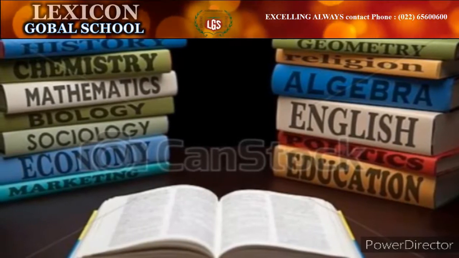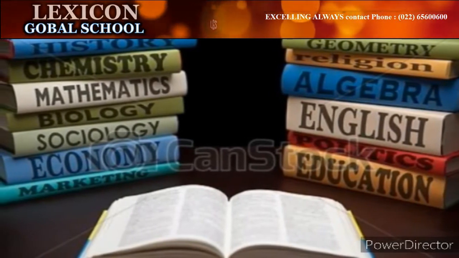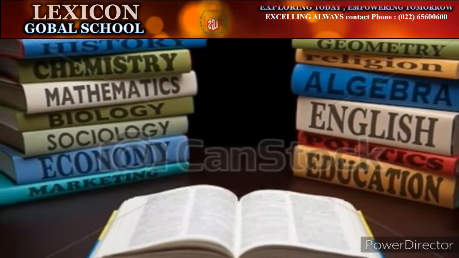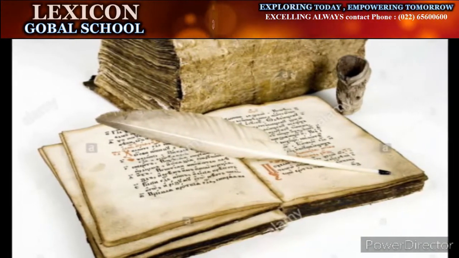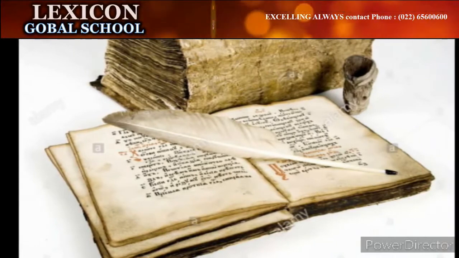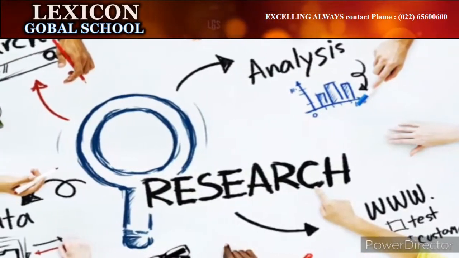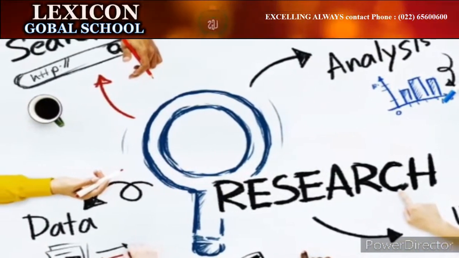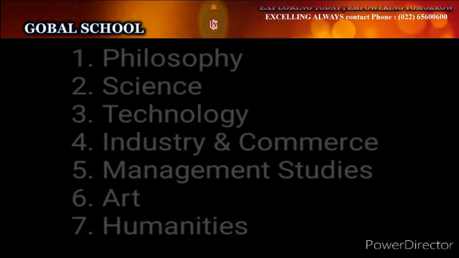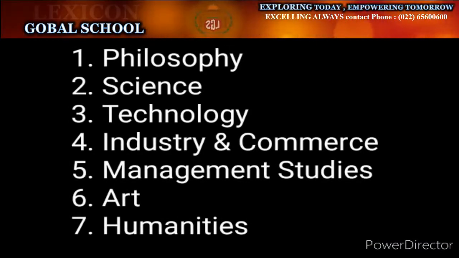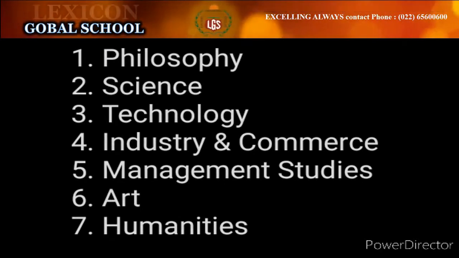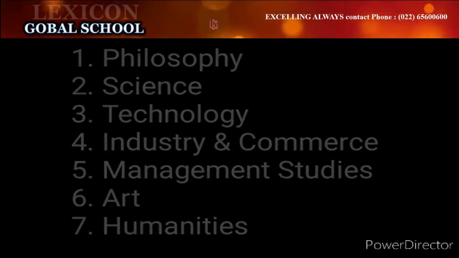Each of these fields has its own history of building knowledge. The direction of future development in every field is dependent on the state of available knowledge. Hence, the method of history can prove to be valuable in the research of various fields such as philosophy, science, technology, industry and commerce, management studies, art, and humanities.